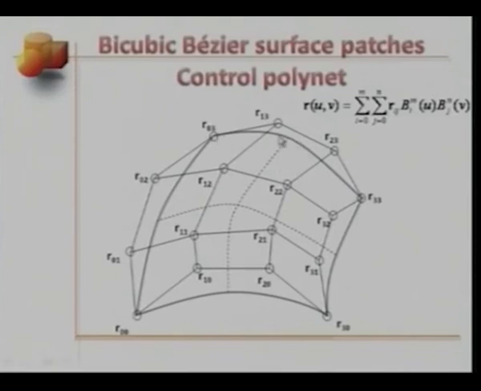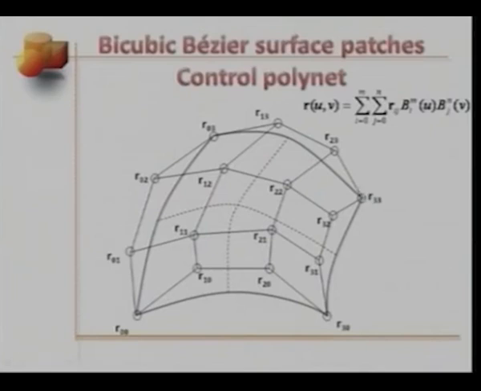Once again, this curve will lie within the convex hull given by these 4 design points, and the shape of this bounding curve will be predicted not strongly but loosely by the shape of this polyline.